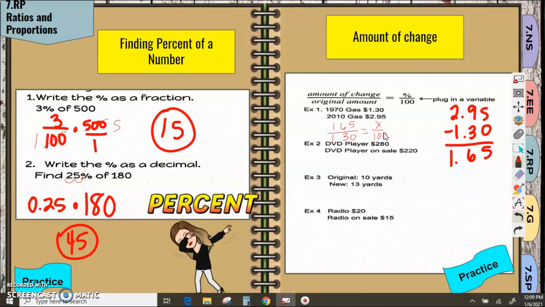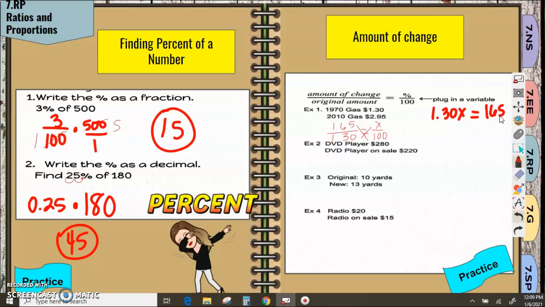So now I'm going to cross multiply and divide. 130 times x is 130x. 165 times 100 is 16,500, because when I multiply by 100, I move my decimal to the right 2 places.